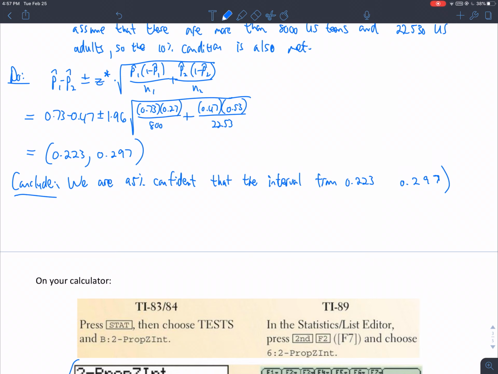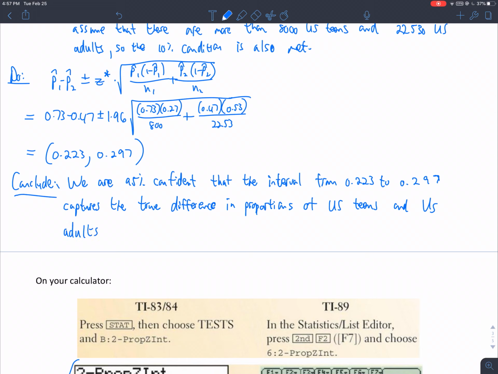From there to there, okay, contains or captures the true difference in proportions of US teens and US adults who use, what did it say?